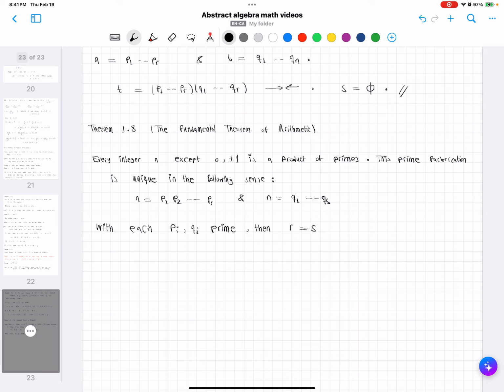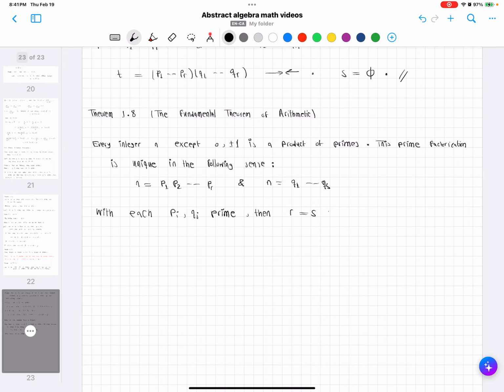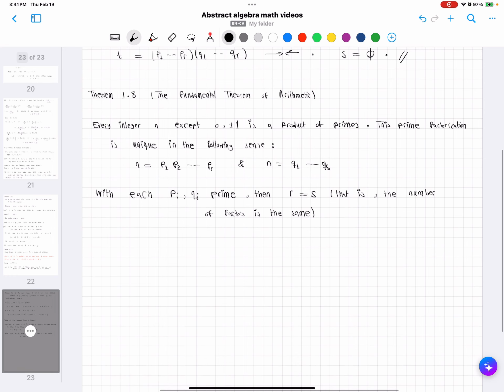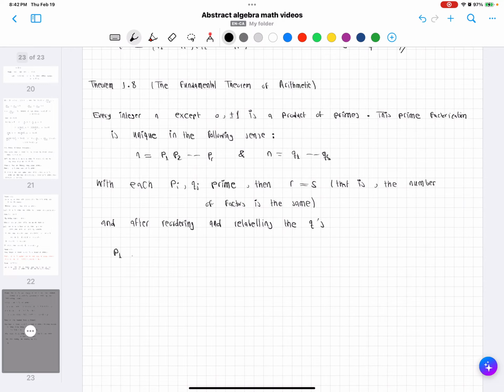Then R is equal to S. So we have the same number of factors, and after reordering and relabeling the Q's, we have P1 is plus or minus Q1, and PR is plus or minus QS.